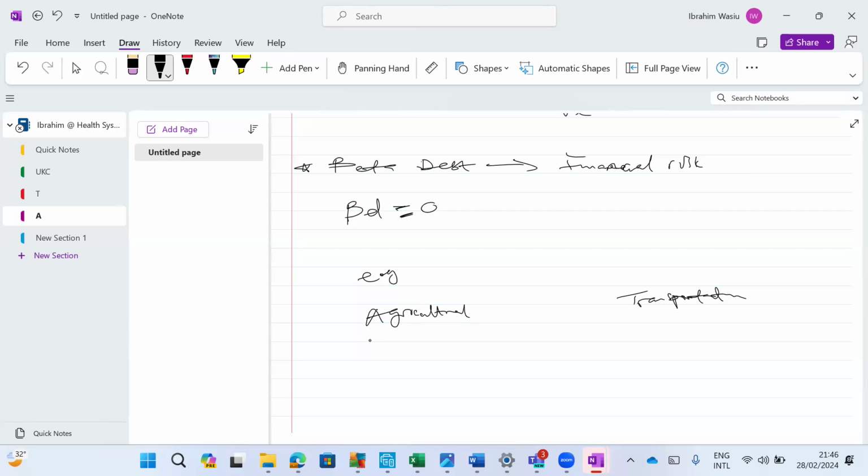Can someone tell us the type of risk we are referring to? Is it a business risk or a financial risk? It is a business risk, the risk that is associated with the industry.